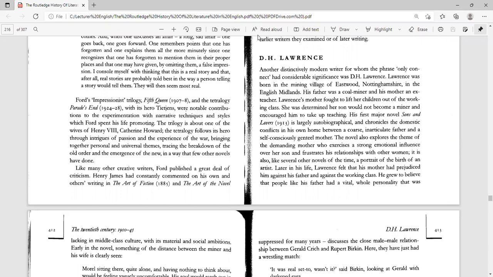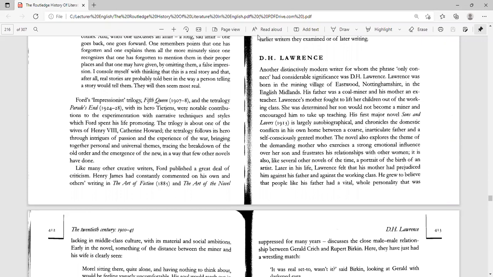That earlier life of D.H. Lawrence has been shown in his semi-autobiographical novel, Sons and Lovers. That novel shows the domestic conflicts in his own home between an inarticulate father and a self-consciously genteel mother.